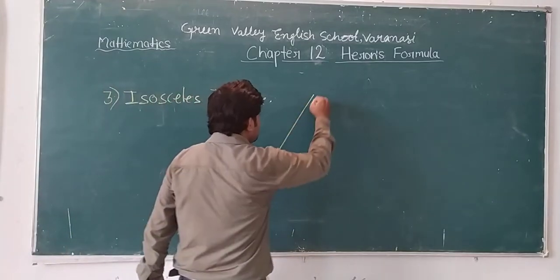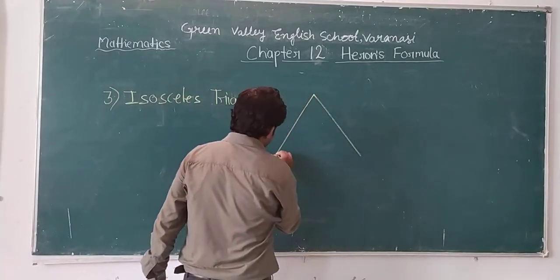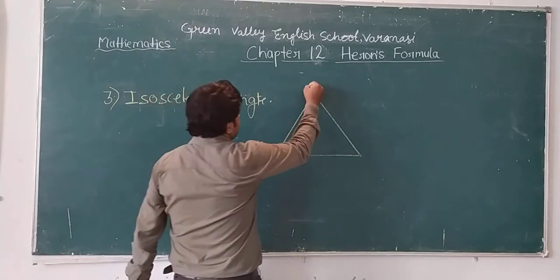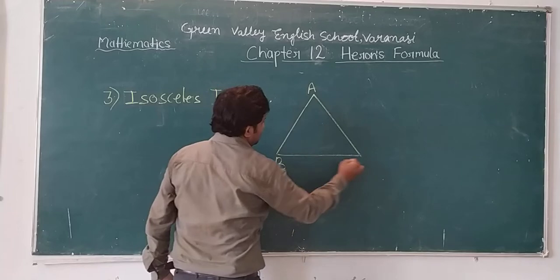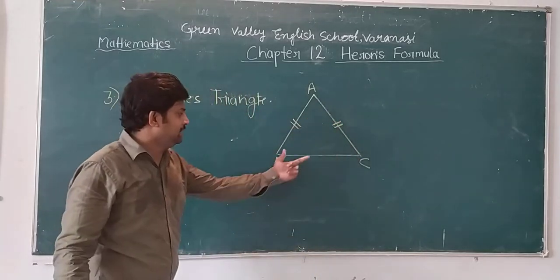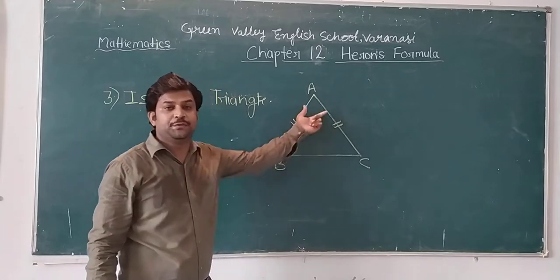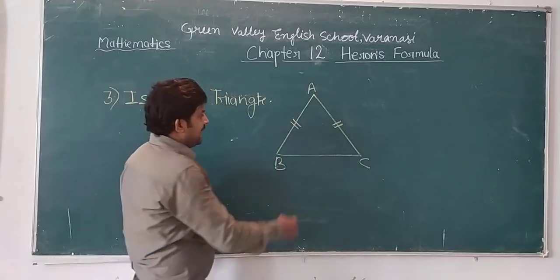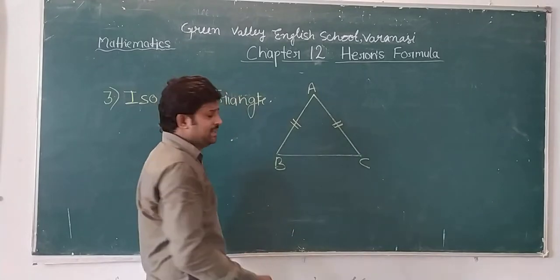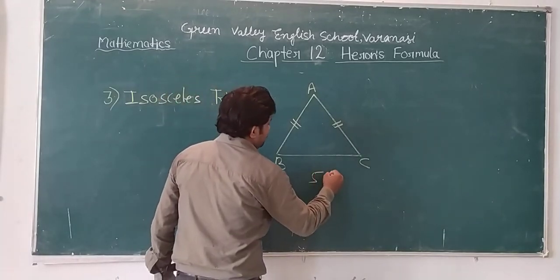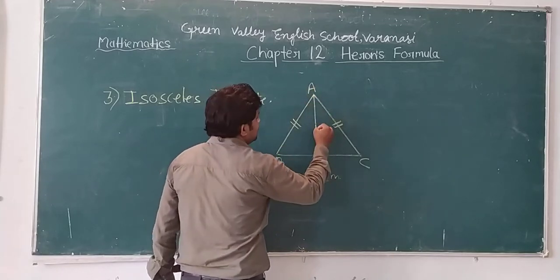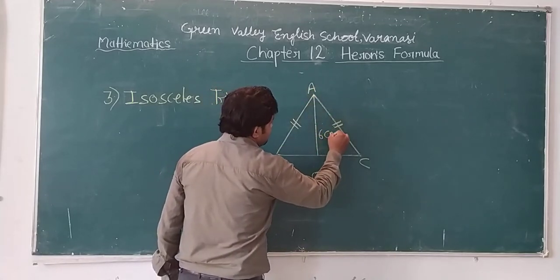Suppose first of all we form an isosceles triangle in which AB is equal to AC and BC is different from the others. Here suppose the non-equal side BC is 5 cm and the perpendicular height is 6 cm.